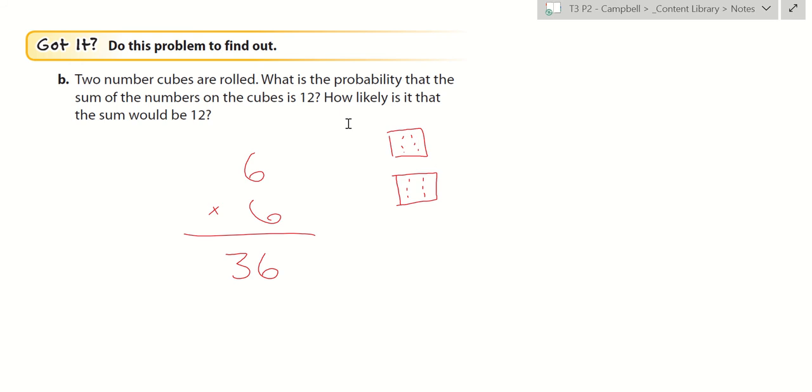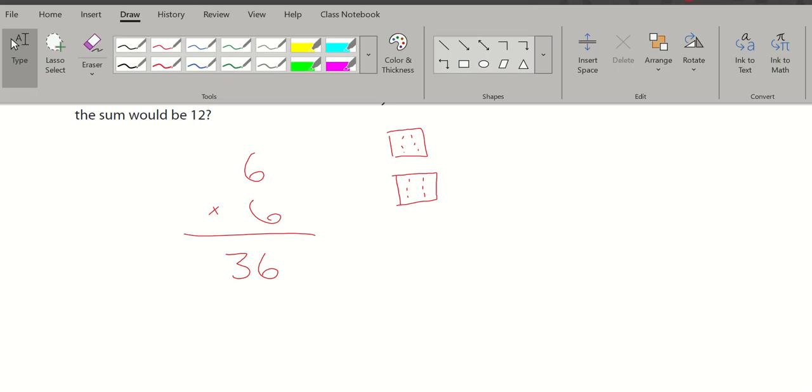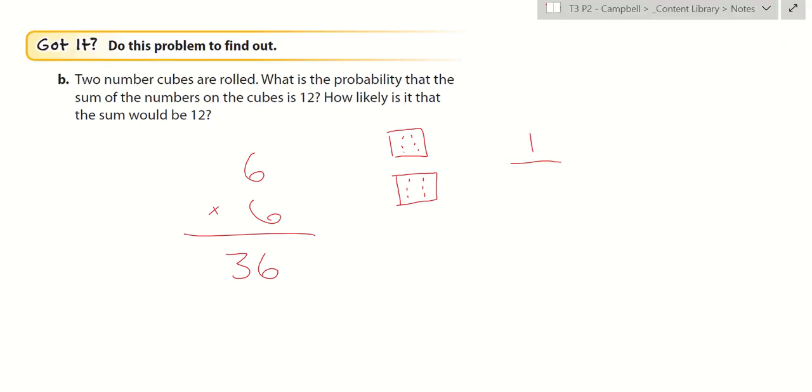So this is only one possibility out of 36 total outcomes. So 1 out of 36 is equal to 0.0278 or 2.78%. It says, how likely is it that the sum would be 12? It is unlikely that the sum would be 12.